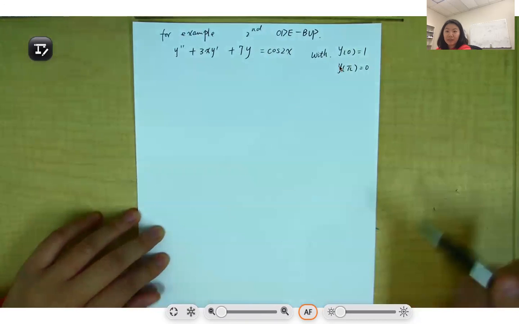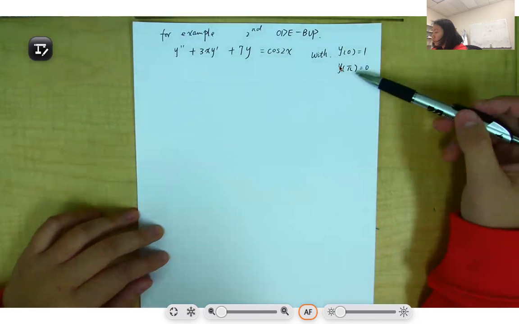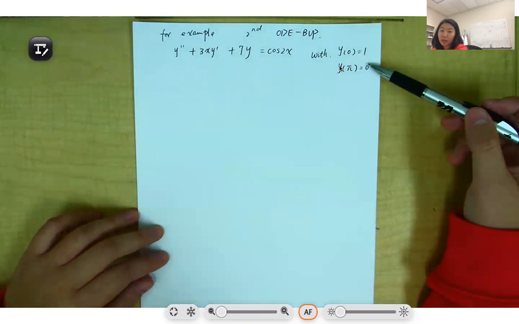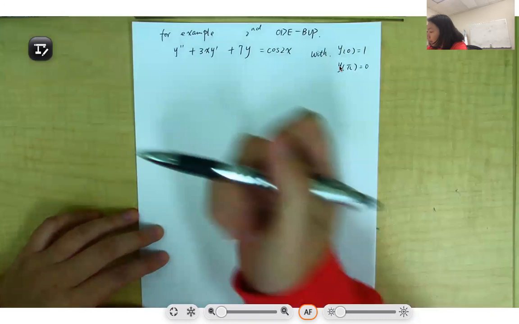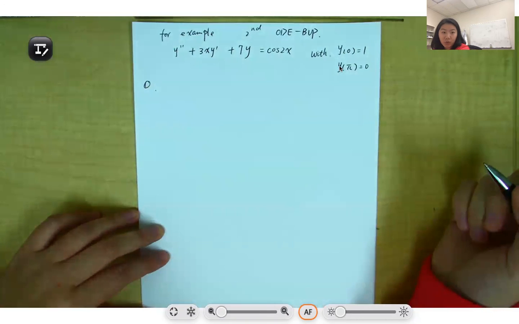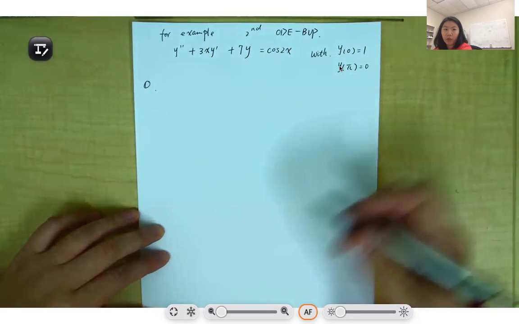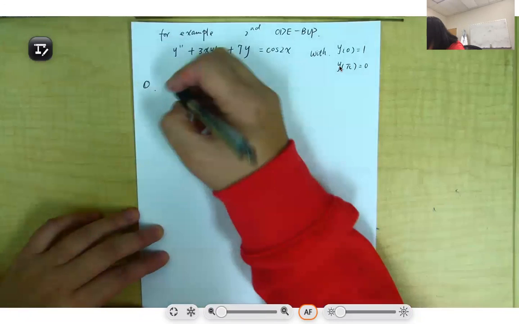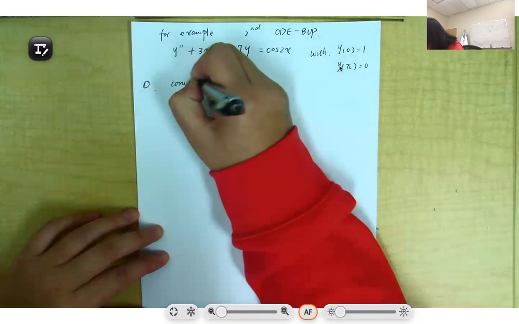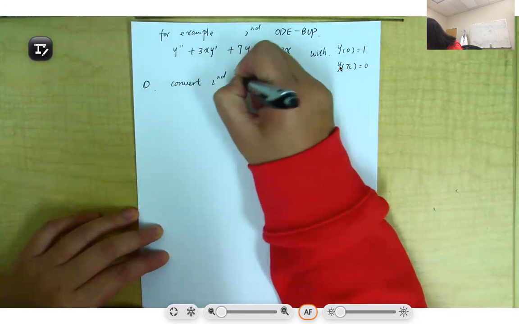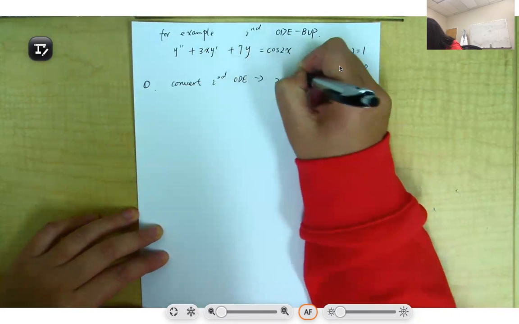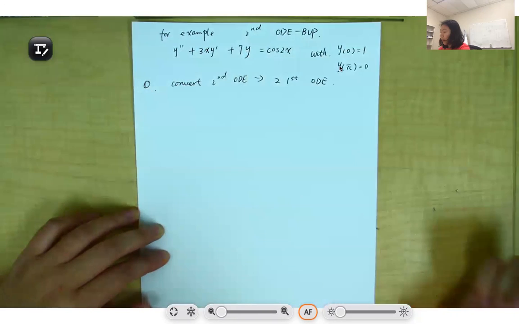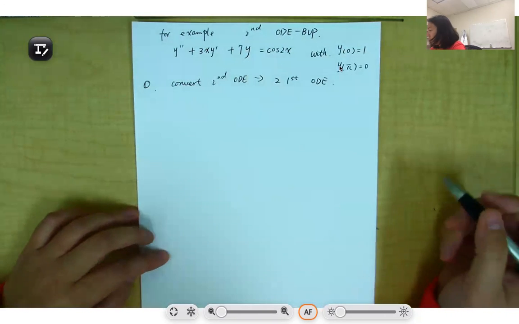So you can see that both of them are now passing through the same points. They are the boundary value problem. Then the first step, what we introduced before, is you are trying to convert the second order ODE into two first order ODEs and write as a state space representation.